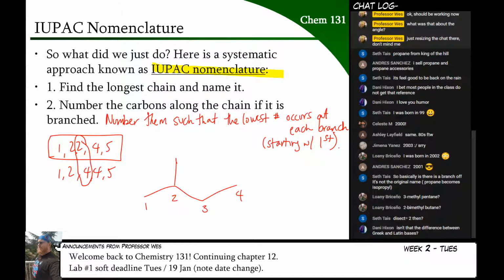Clear as mud, I'm sure, right? The point is you want the lowest possible number. So count in one direction and count in the other direction, and look where your branches are, and however you get the lowest numbers, that's the correct numbering direction.